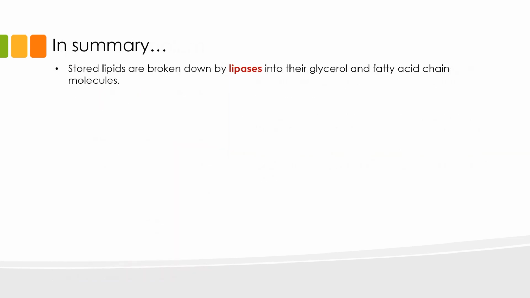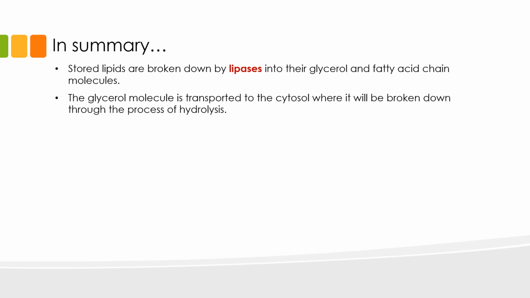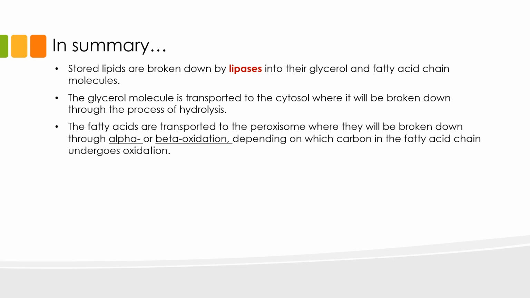In summary, stored lipids in the form of triacylglycerols are broken down by lipases into their glycerol and fatty acid chain components. The glycerol molecule is transported to the cytosol, where it will be broken down into simple sugars through the process of hydrolysis. The fatty acids, on the other hand, are transported to the peroxisomes, where they will be broken down through alpha or beta oxidation.